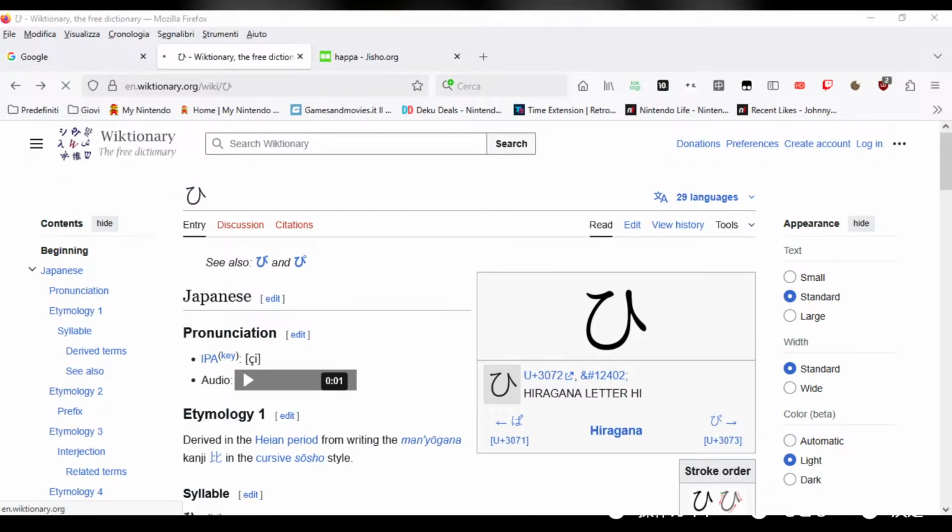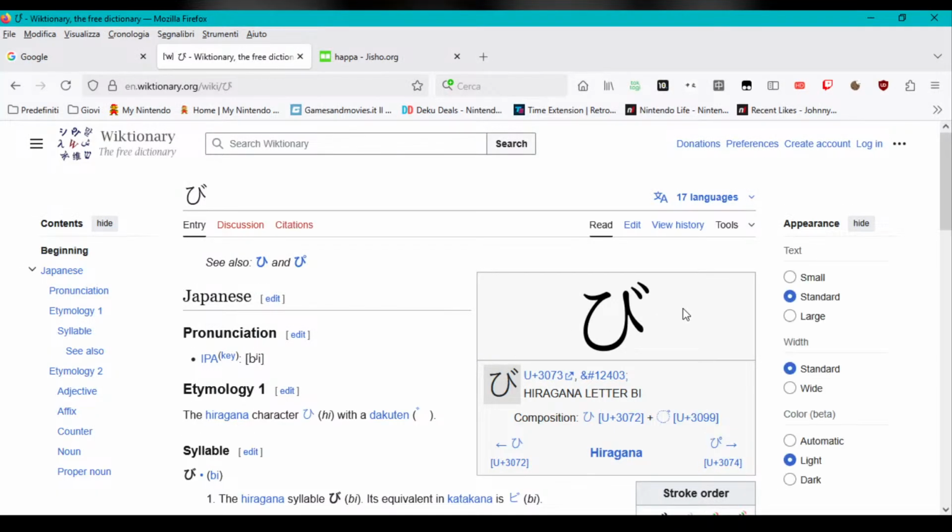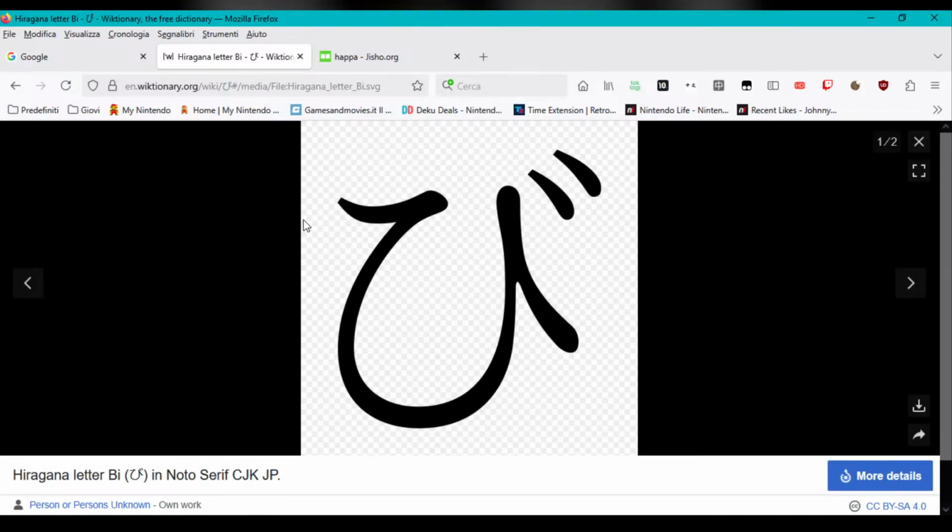As usual, we can add the Dakuten, and so we have be. Again, we write first and foremost he.